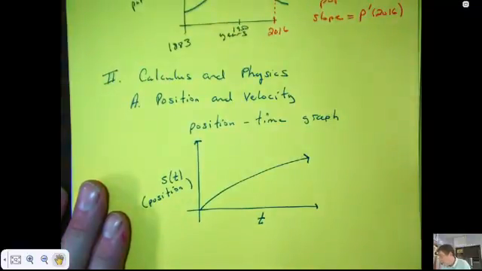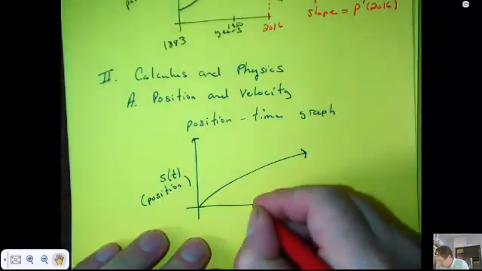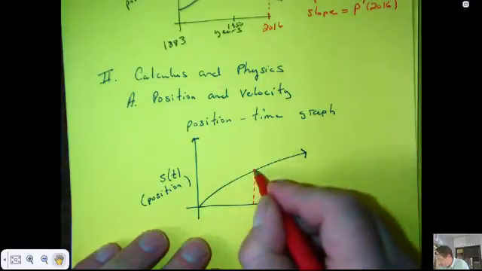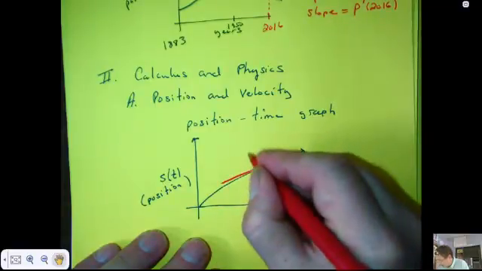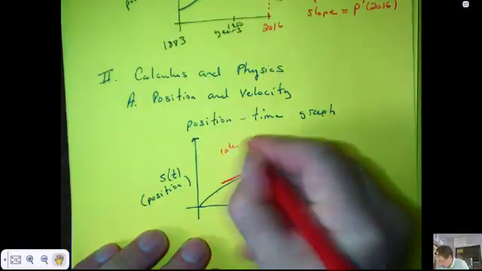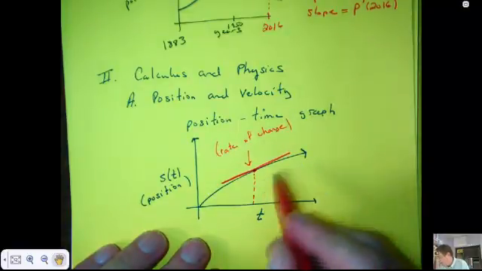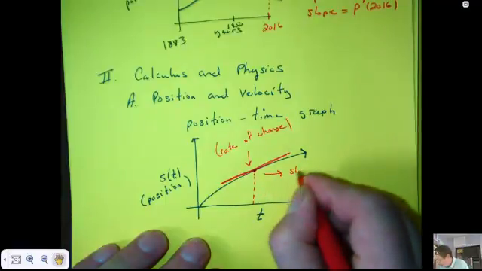If I want to look at this graph at some time t, and find the rate of change of position, well, that would be the slope.